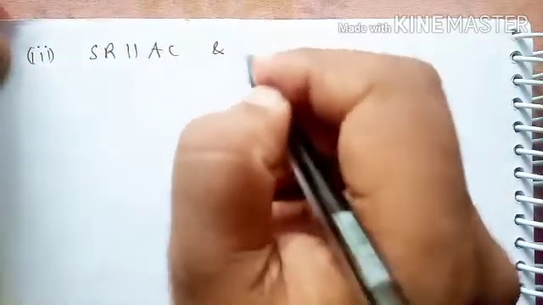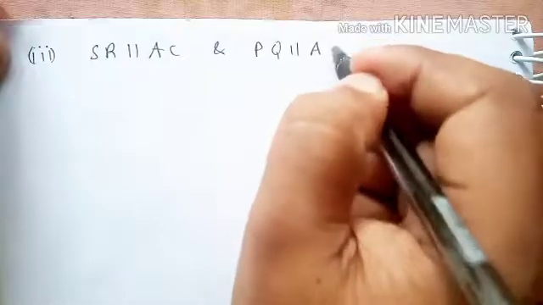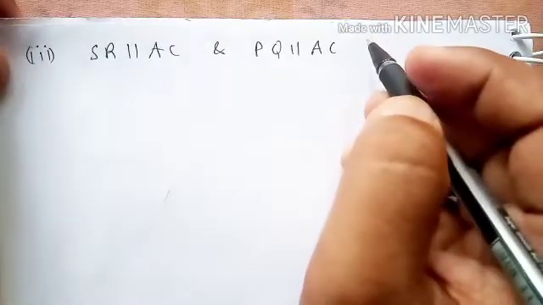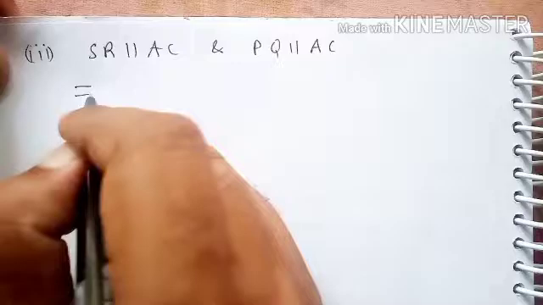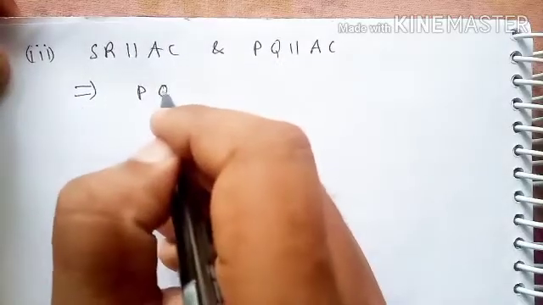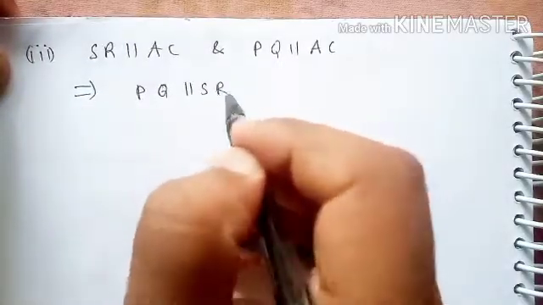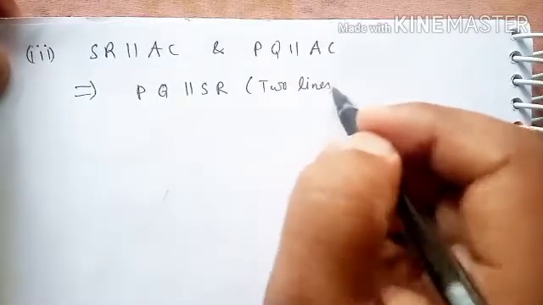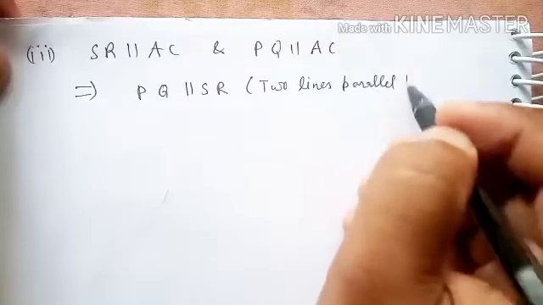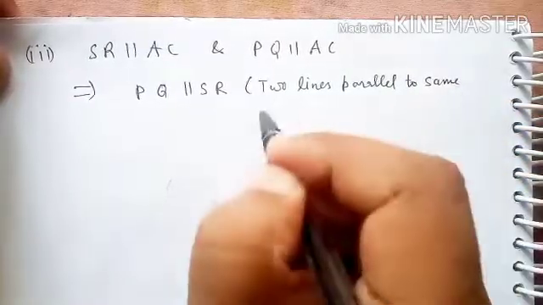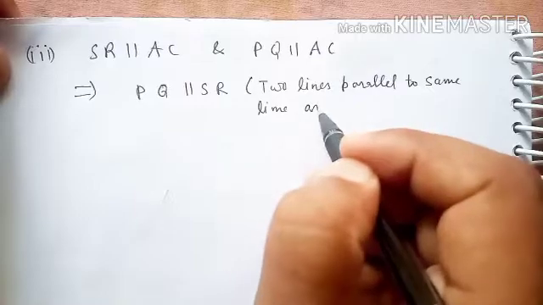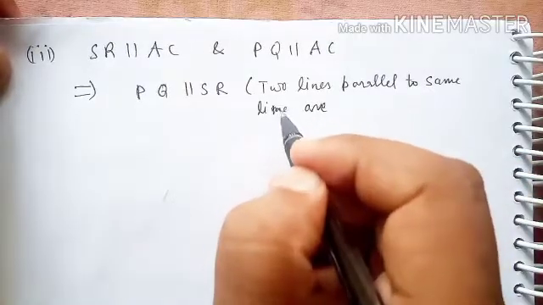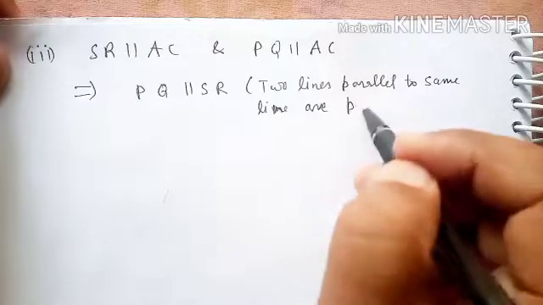SR is parallel to AC and PQ is parallel to AC. This implies that PQ is parallel to SR. Two lines parallel to the same line are parallel to each other.